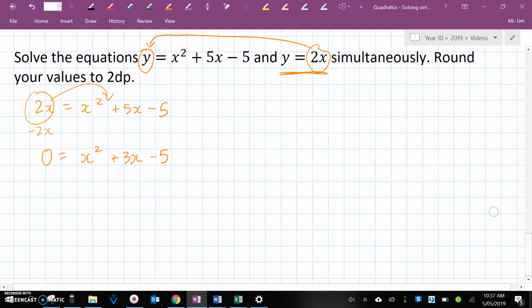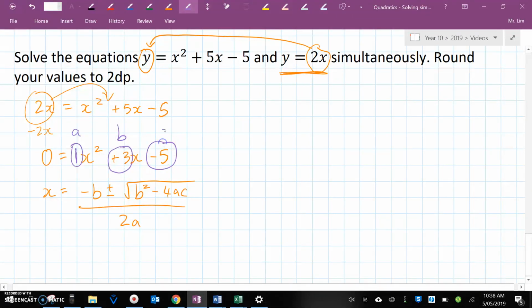Now, it looks like a monic quadratic trinomial, but when we do our cross-cross, we actually can't think of two numbers that multiply to -5 and add to +3. There's no two whole numbers that multiply to -5 and add to +3. Therefore, we need to use the quadratic formula. x is equal to minus b plus or minus the square root of b squared minus 4ac all over 2a. a is 1, b is 3, c is minus 5.